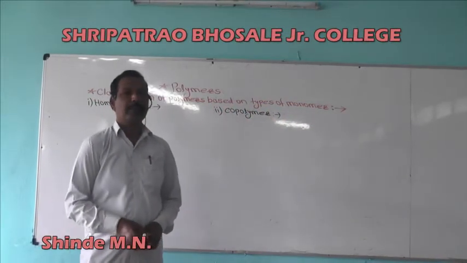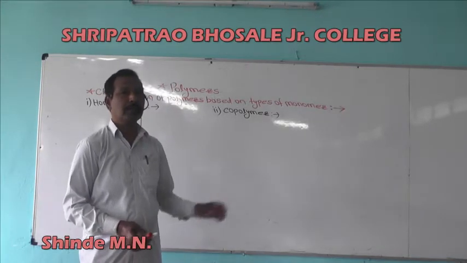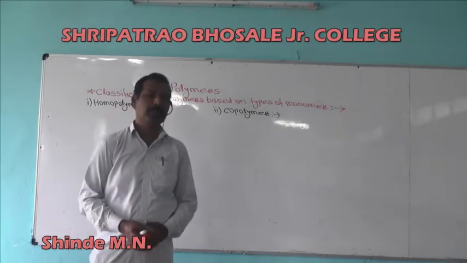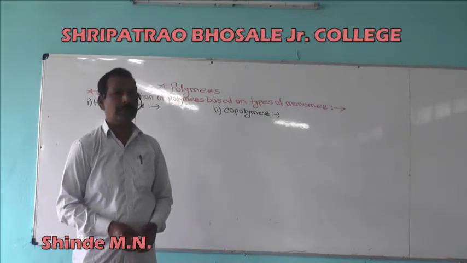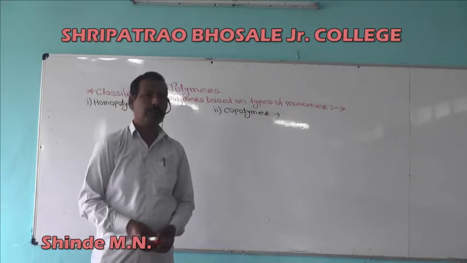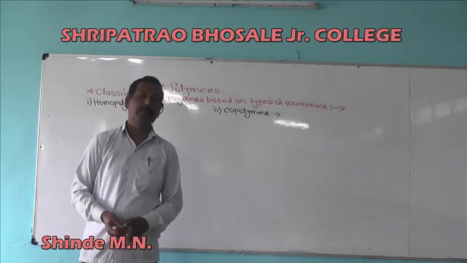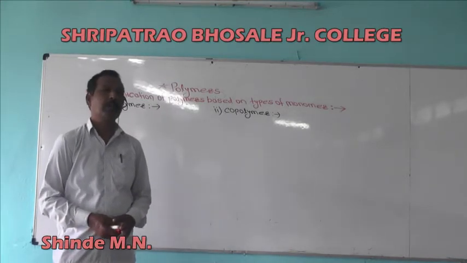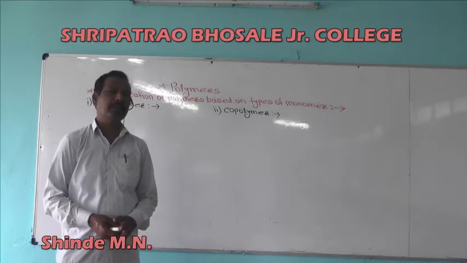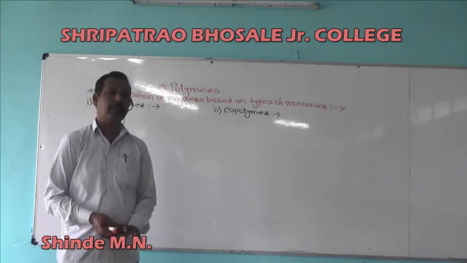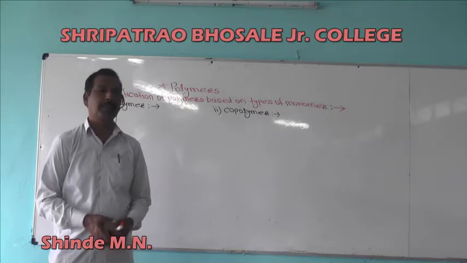In the last period, we were discussing the topic polymers, classification of polymers. We have discussed classification of polymers based on their sources, that is natural polymers, semi-synthetic polymers, synthetic polymers.